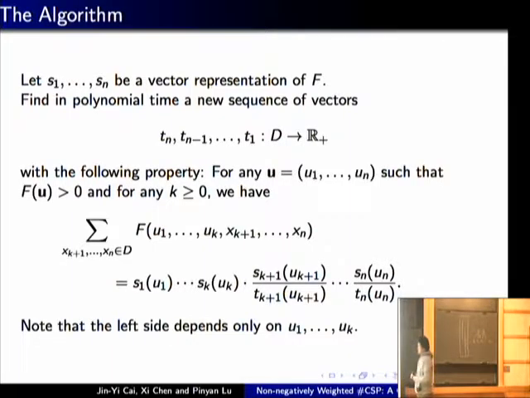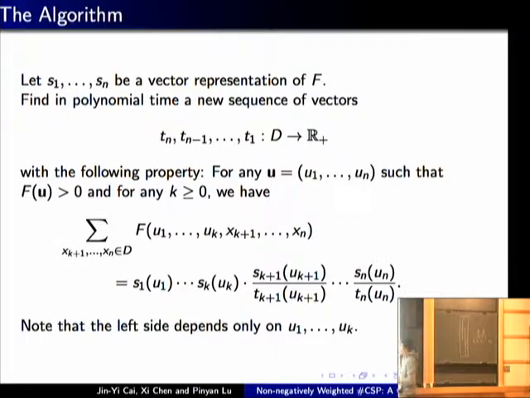The really intriguing part of this equation is that the left-hand side only depends on u1 up to uk. It has nothing to do with, for example, uk plus 1, uk plus 2. But the right-hand side depends on all the n entries of u. If this is the case, then the following is easy to do.